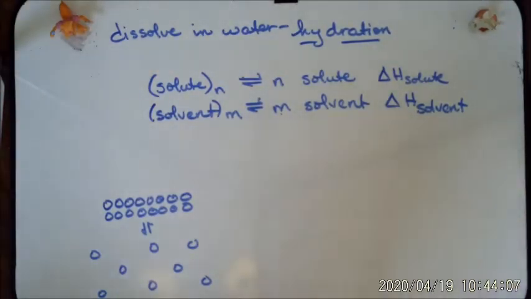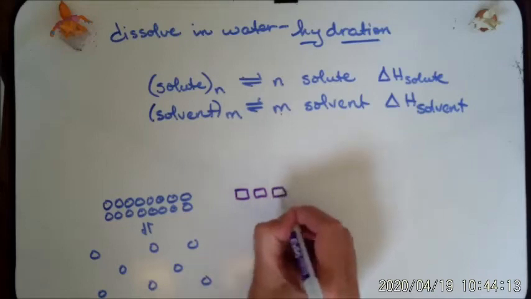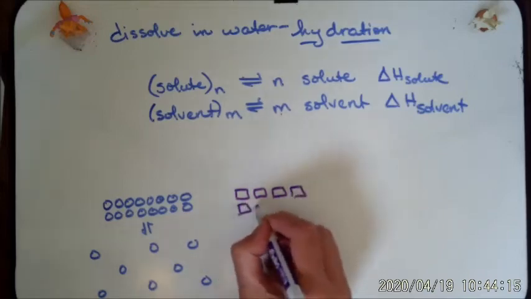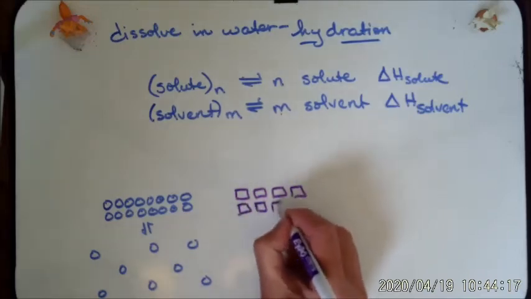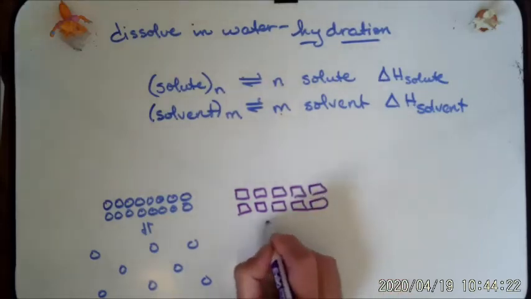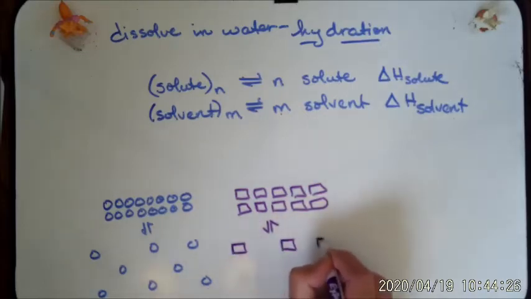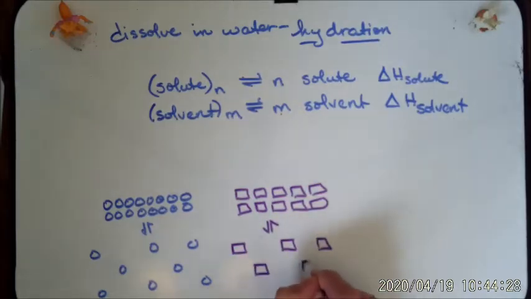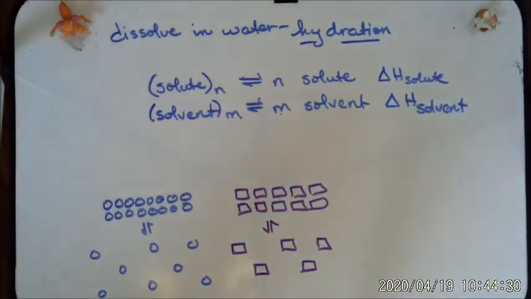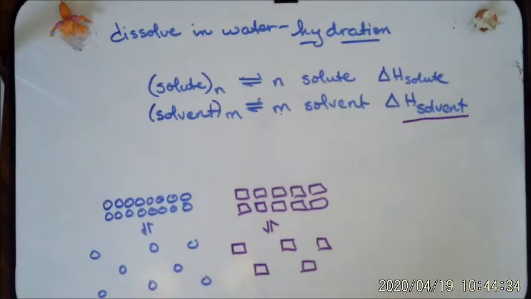If I look at my solvent, here's my solvent. This is like water. Remember we talked about water has hydrogen bonding, has dipole-dipole interactions, and I break it up. So I'm looking just at the individual water particles. Then this is solvent.